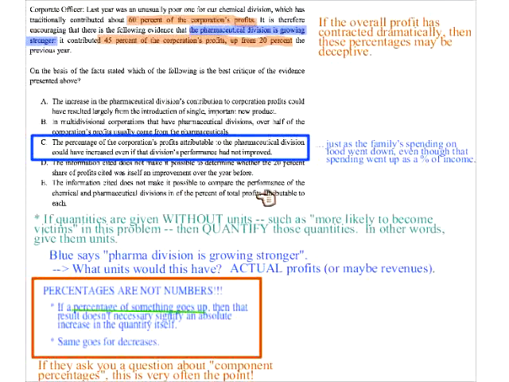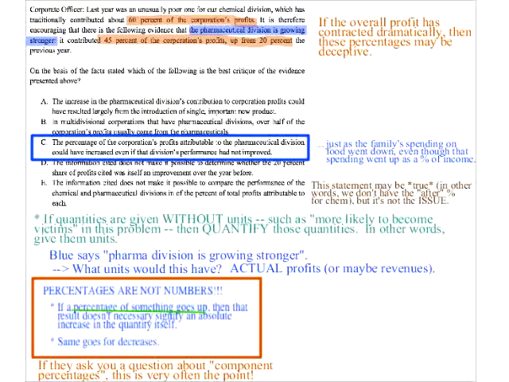This is a statement that's true, but it's not a critique of the argument. This statement may be true. In other words, we don't have the after percentages for the chemical division. But it's not the problem.